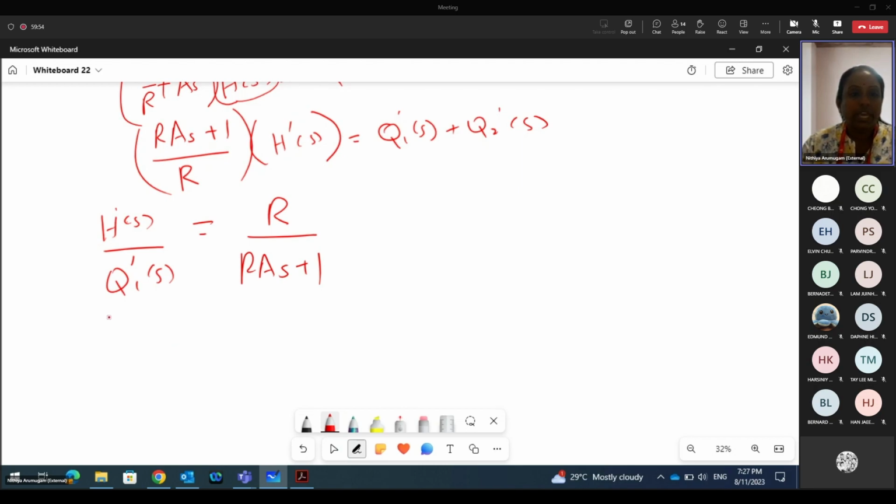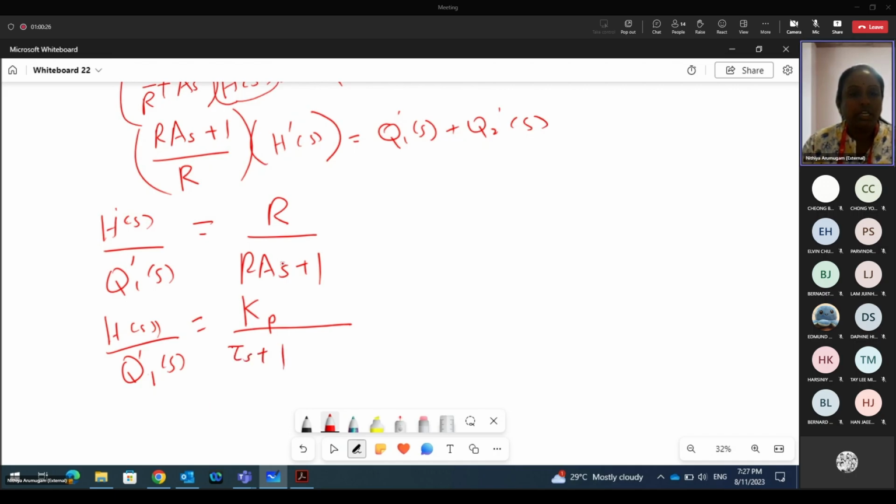Okay, so H over Q1 S is the process transfer function, tau S. So if you notice, the tau is not provided, so we express it as this.